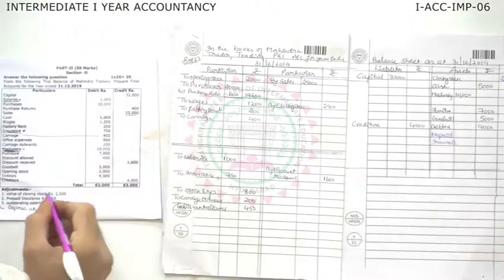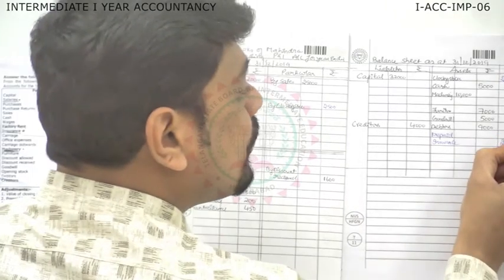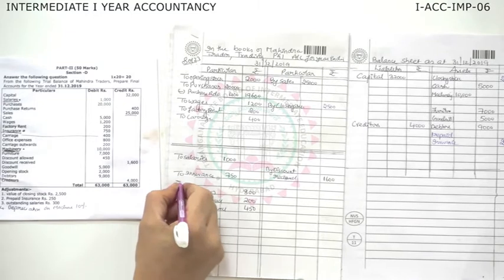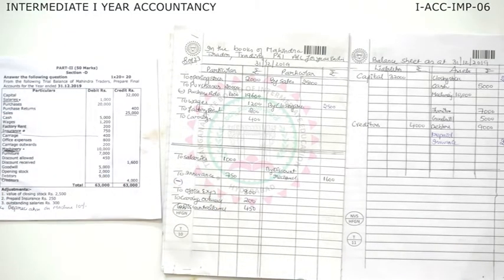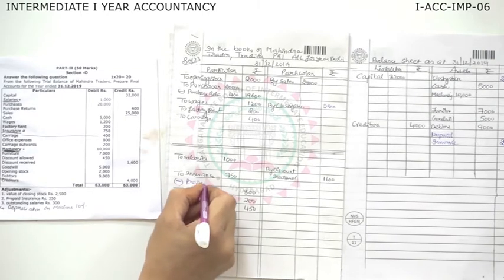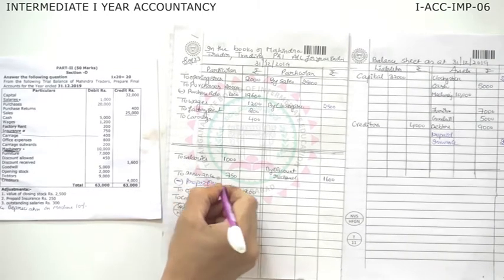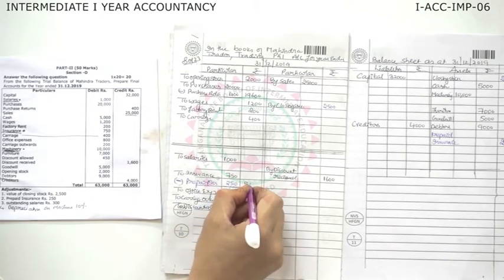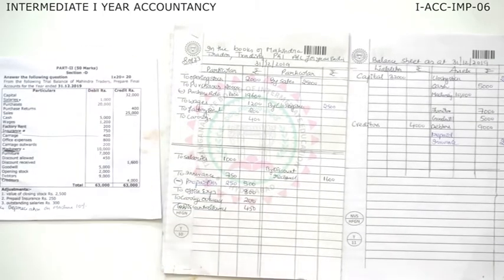How much is given? 250. So we wrote 250. Now we go to insurance, put the minus sign and write prepaid insurance 250. Subtract 750 minus 250, the answer is 500.